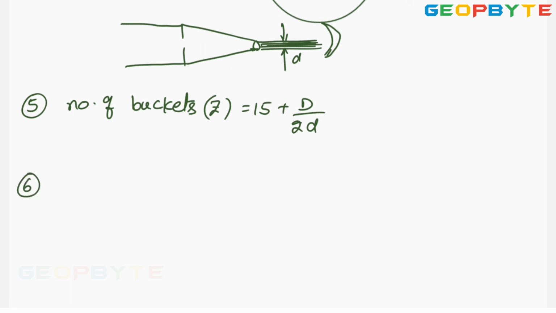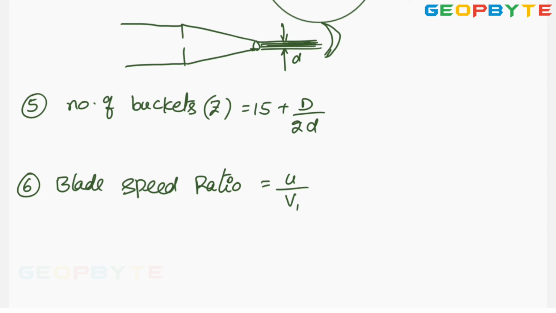The next one, the blade speed ratio. Blade speed ratio equal to U by V1. The ratio between the blade speed and jet speed is called blade speed ratio. Optimum blade speed ratio is 0.5 because U equal to V1 by 2.